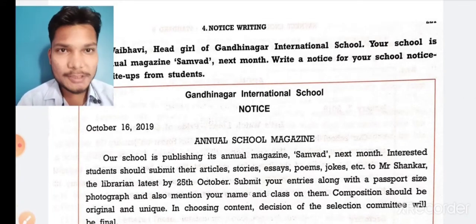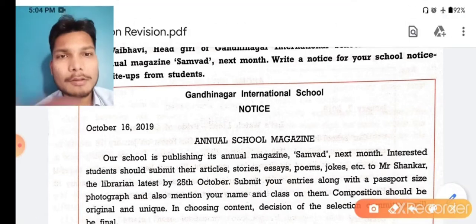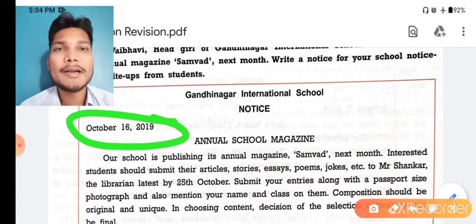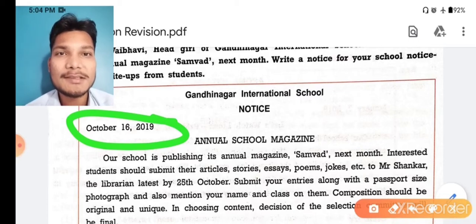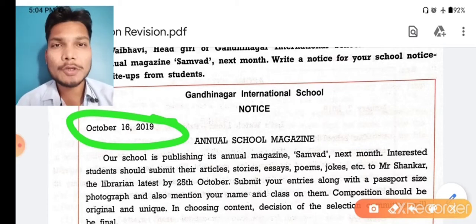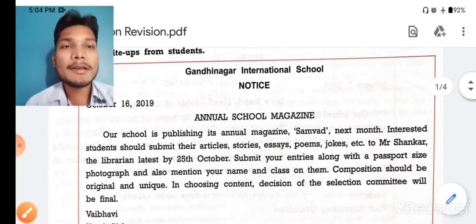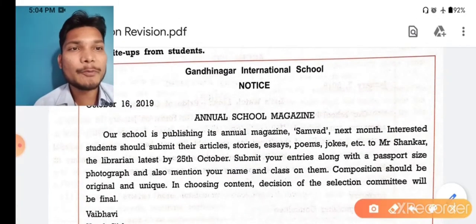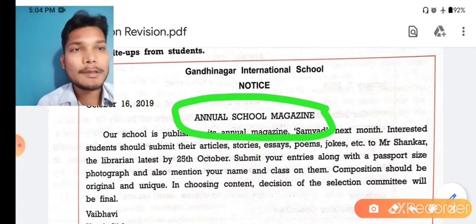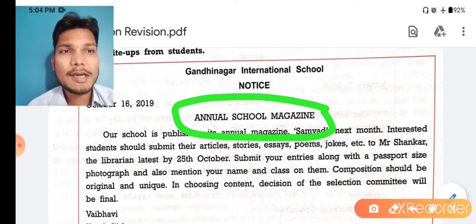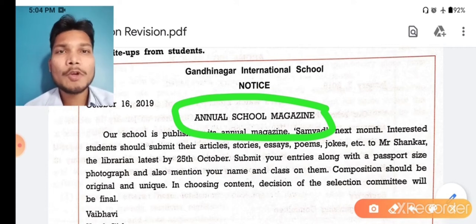Then after the title, here you have to mention the date on which you are writing the notice. Okay, now here comes the subject line. So what are you writing your notice for?